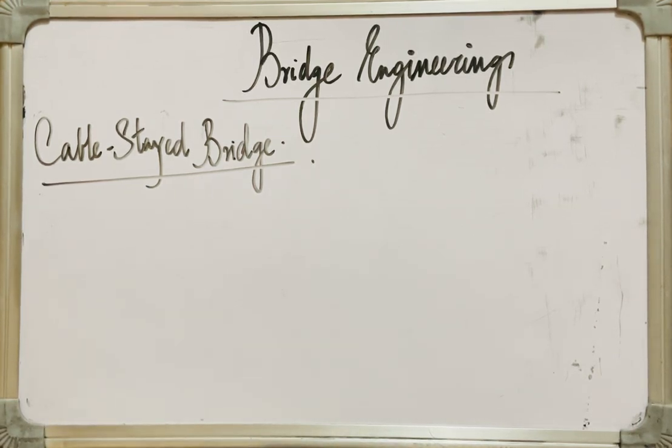What is a cable stayed bridge? A cable stayed bridge is a bridge whose deck is also suspended by multiple cables that run down to the main girder from one or more than one towers.